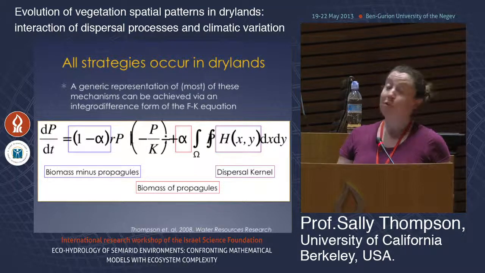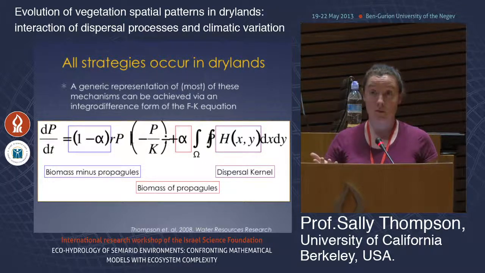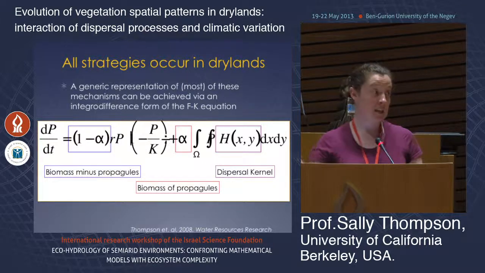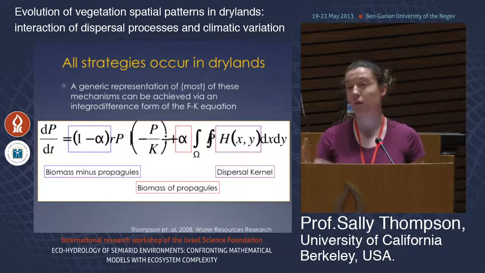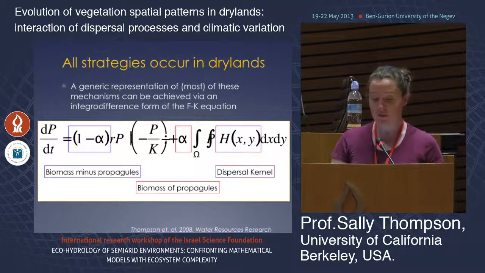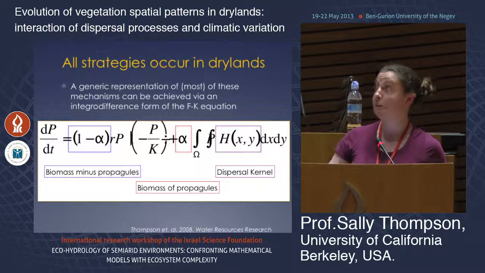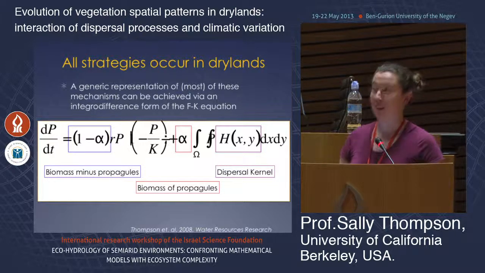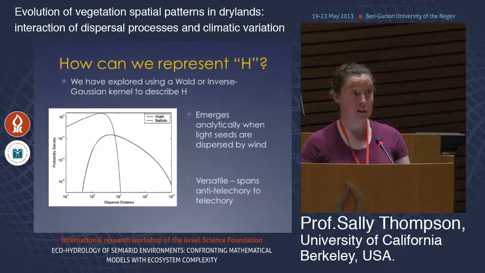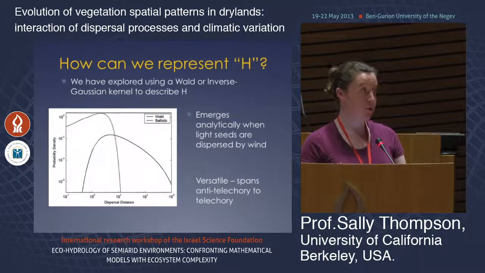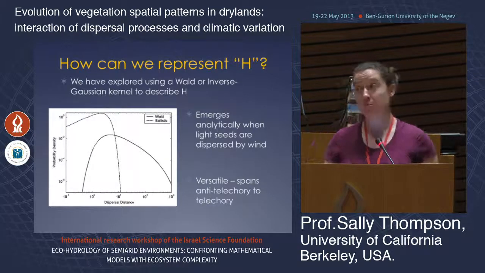So if we wanted to reproduce a purely diffusive approach to this, we could take that dispersal kernel, pop in a Gaussian function, and we would be back to a regular random walk. But what we've tended to do in exploring this further is use the Weibull model that, again, we had an introduction to, in part because we do have a physical rationale for why that model should emerge, and in part because it gives us tremendous flexibility.